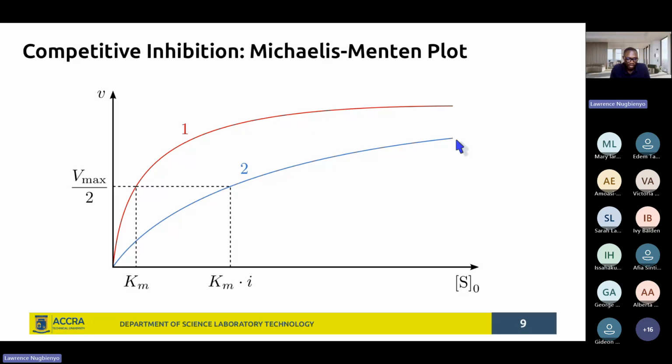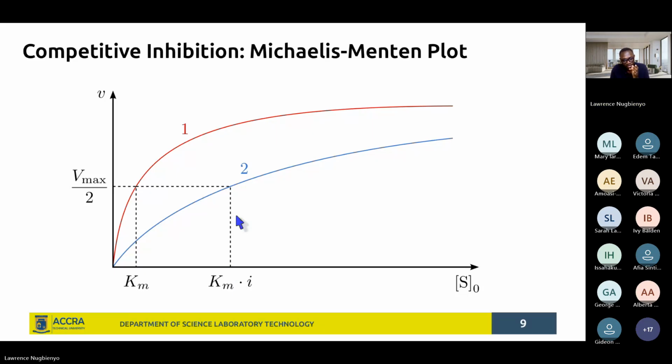So you have half of the maximum rate of the reaction being the same, but you notice that the Michaelis-Menten constant has increased in the case of the inhibited reaction. Where you have the competitive inhibitor, you notice that the Michaelis-Menten constant has increased.